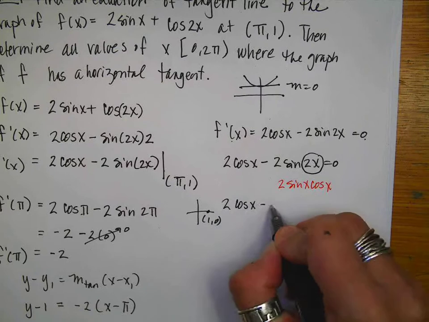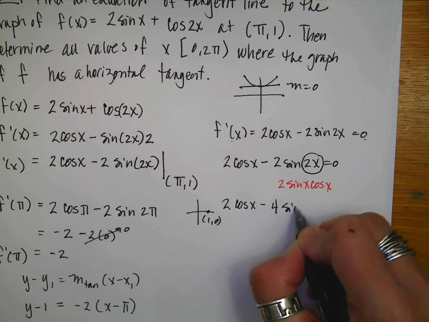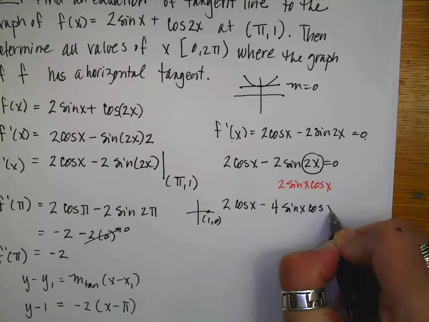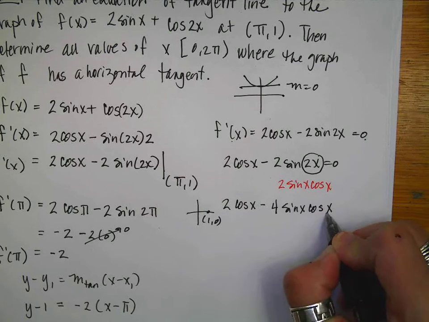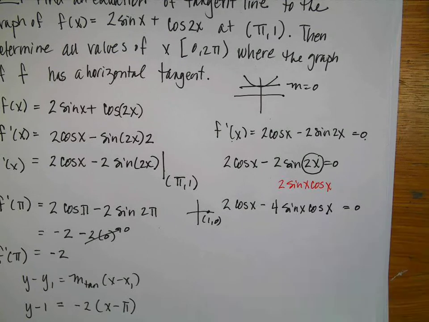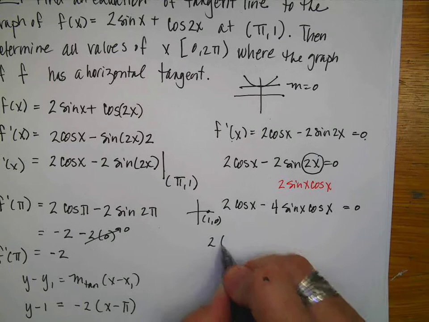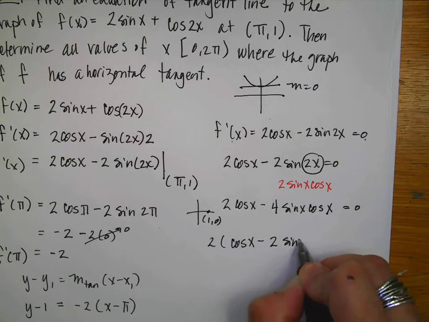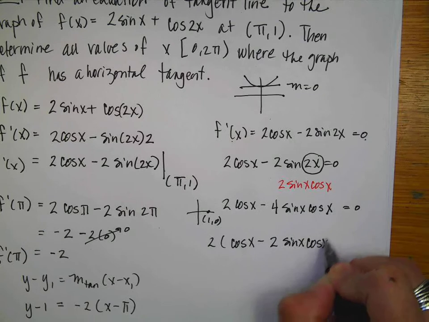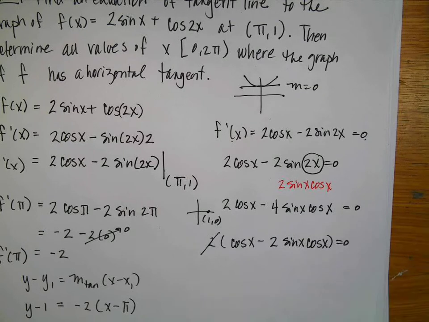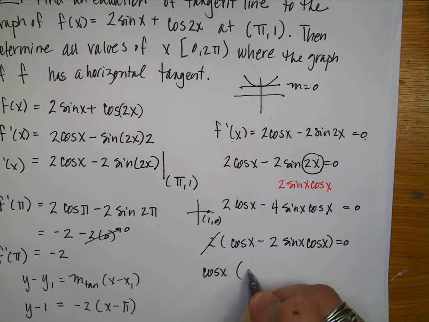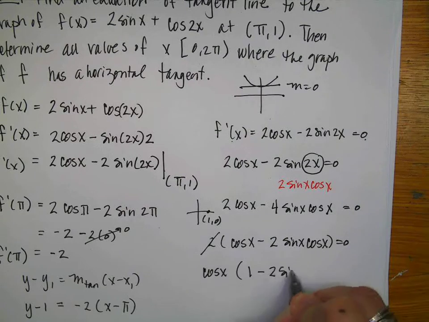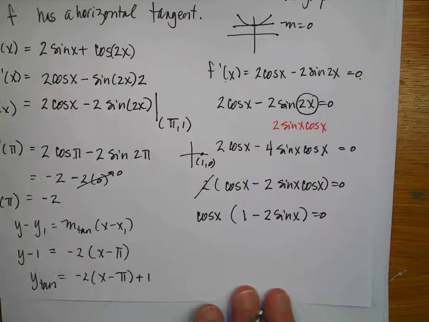So this equation becomes 2 cosine x minus 4 sine of x cosine of x equals 0. I'm going to factor out the 2, and I get cosine x minus 2 sine x cosine x is 0. The 2 will go away. I'm going to factor out a cosine of x, and I'm going to get 1 minus 2 sine x equals 0.